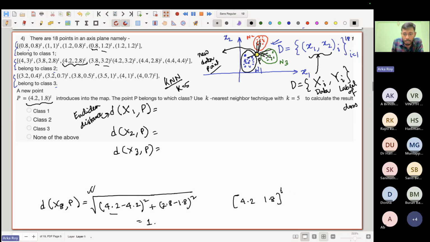You have taken the transpose, and then you have also taken the transpose of the other data as well. So this is (4.2, 2.8) transpose. This transpose will give you this sort of representation: 4.2, 1.8, and then 4.2, 1.8.